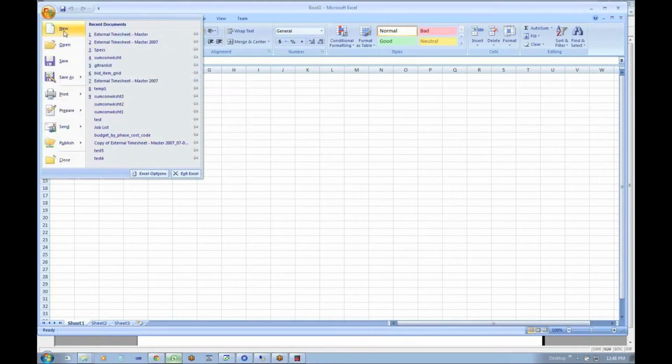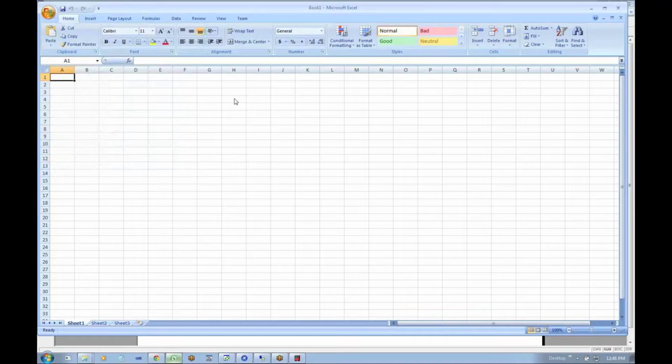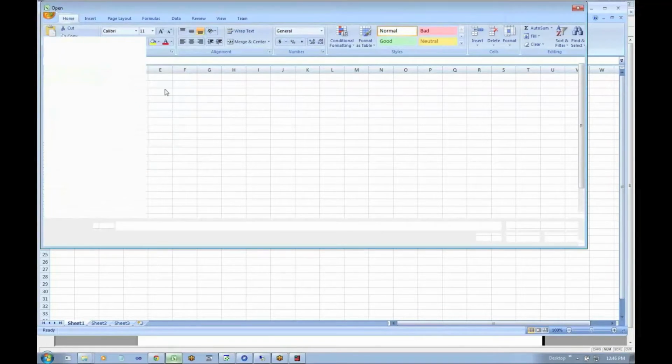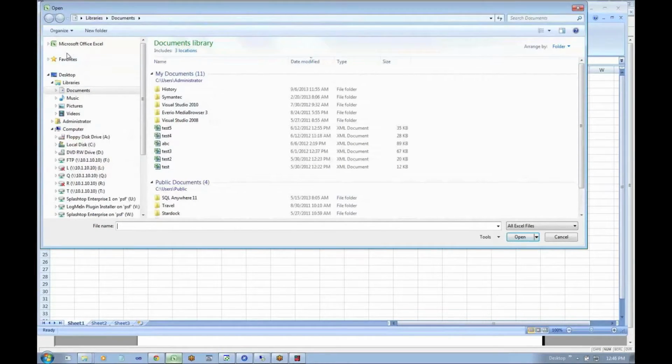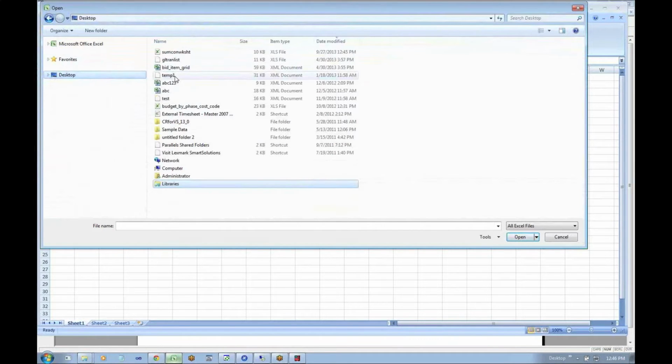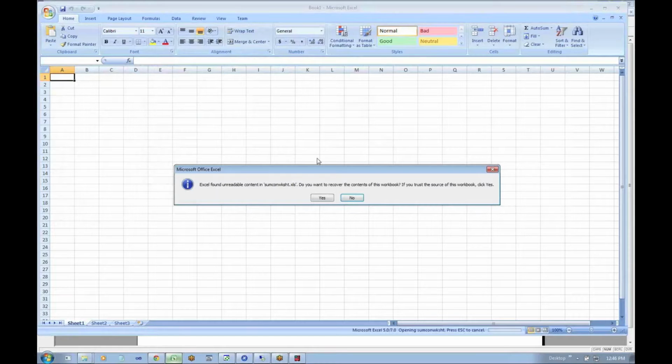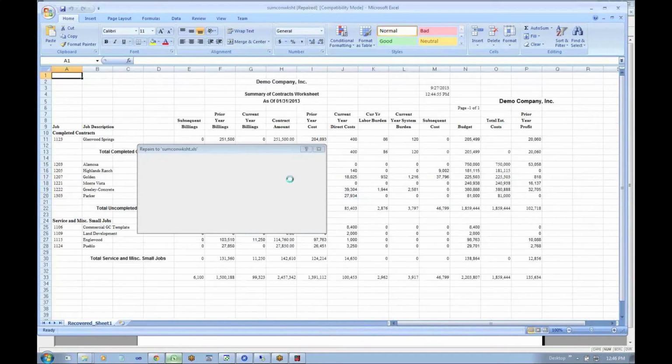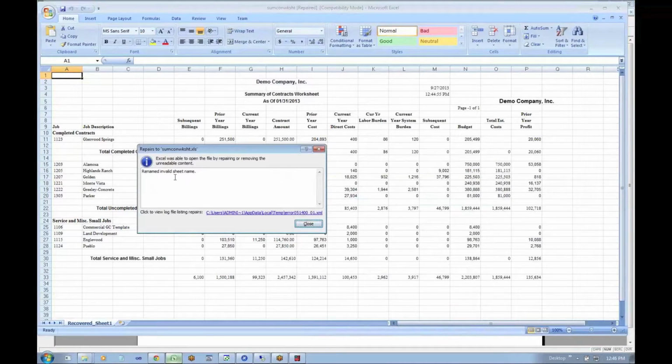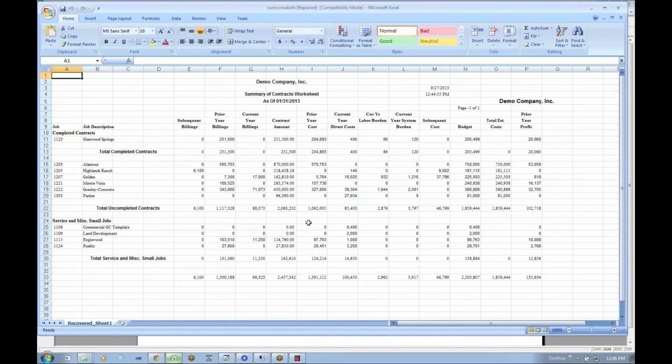I'll go File, Open, Desktop, and there's my SOC worksheet, the default name it gave it. Excel has a hard time with what Crystal tries to name the files, so it's not really a big deal. It says invalid sheet name. But now everything's in Excel.